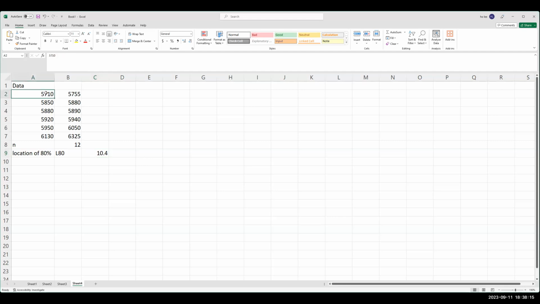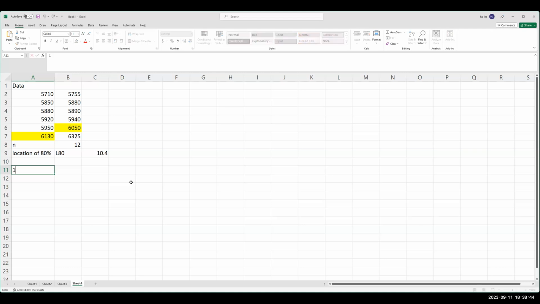All right, so we have 1, 2, 3, 4, 5, 6, 7, 8, 9. This is the 10th spot in ascending order, this is the 11th spot, and this is the 12th spot. So it's in between 6050 and 6130. So we know it's 10.4.